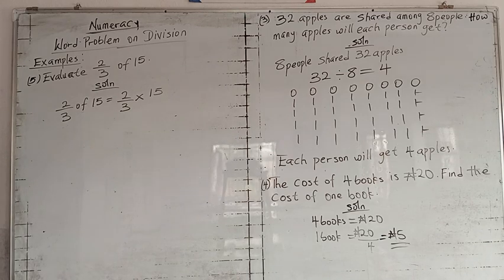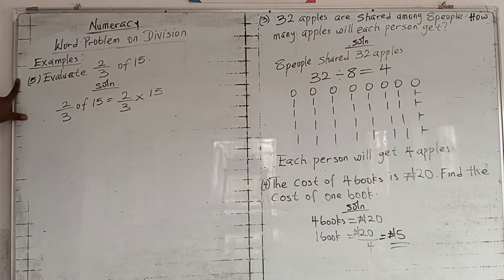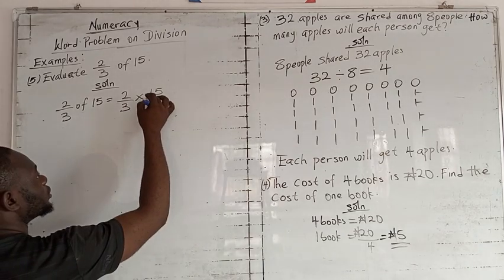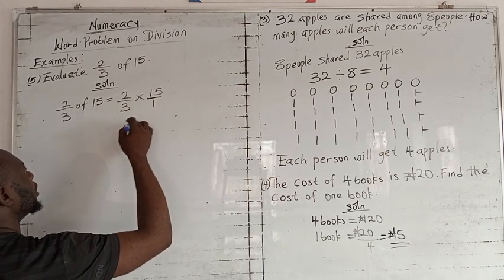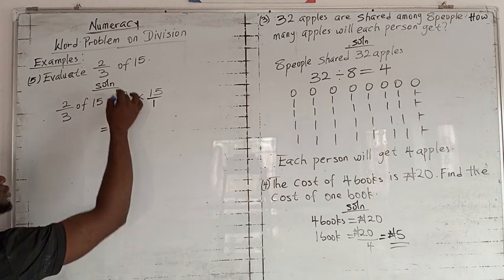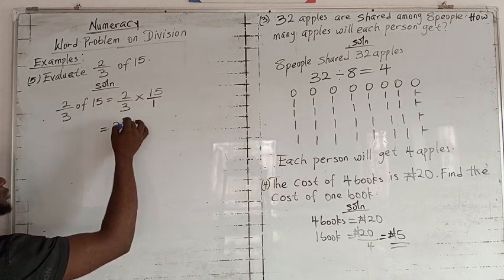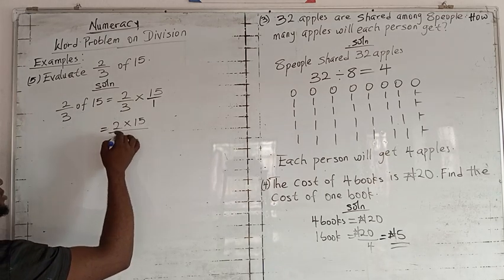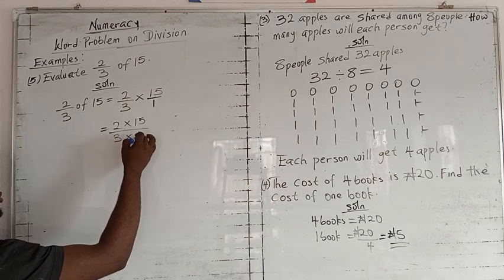Remember when we solved number 1, which says what is half of 12? This is over 1 now. Remember that this will mean up times up, 2 times 15, over below times below, 3 times 1.